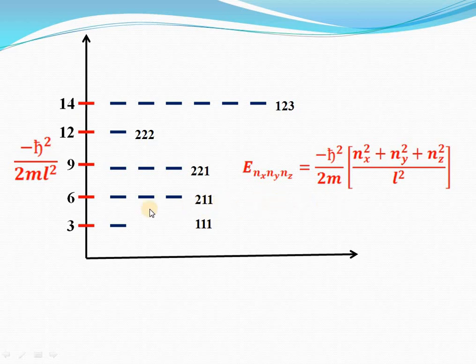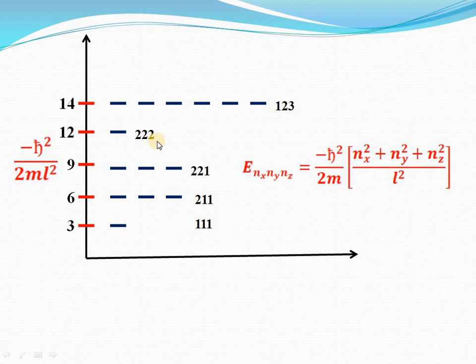Each has the same energy value, so it is a triply degenerate system, and it has energy of 6ħ²/2mL². Similarly, the energy level 221 has 3 degenerate energy levels: E221, E212, or E122. All these 3 energy levels have the same energy, that is 9ħ²/2mL². So it is also triply degenerate.